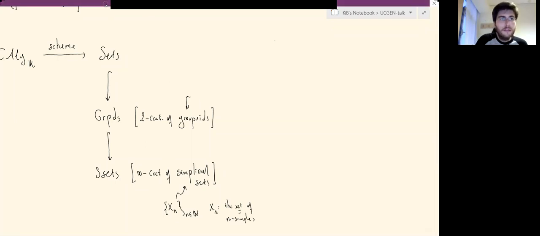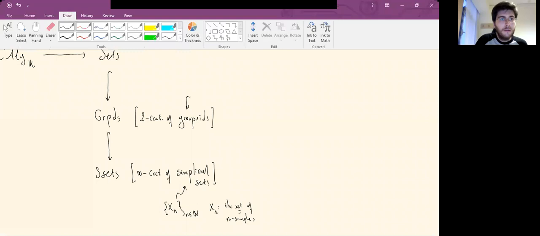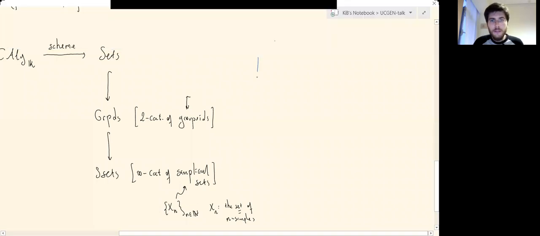So let me try to explain what's going on. When you move in this direction, what you have? You have non-trivial higher structures, non-trivial higher morphisms.